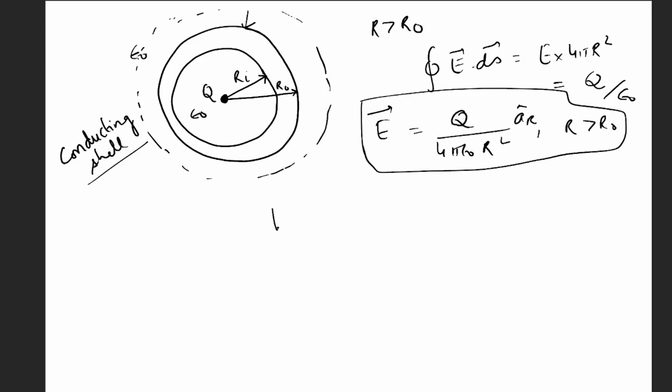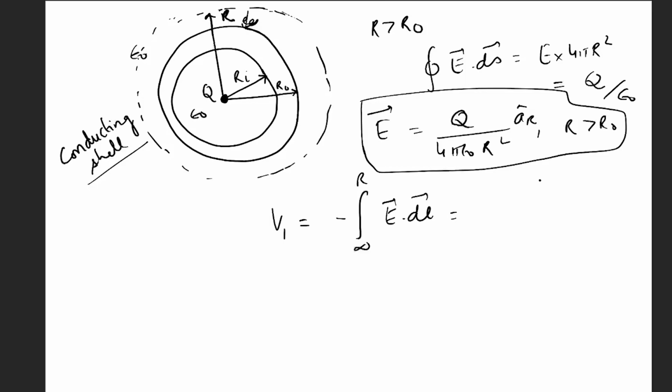So potential V1, let us say we will call it V1, is simply minus infinity to this. Let us say we want to calculate the potential at this Gaussian surface. So this is R. It is simply minus E dot dl from infinity to r.